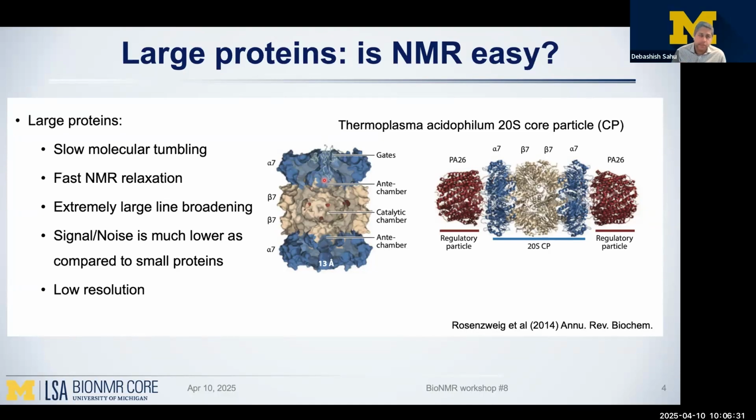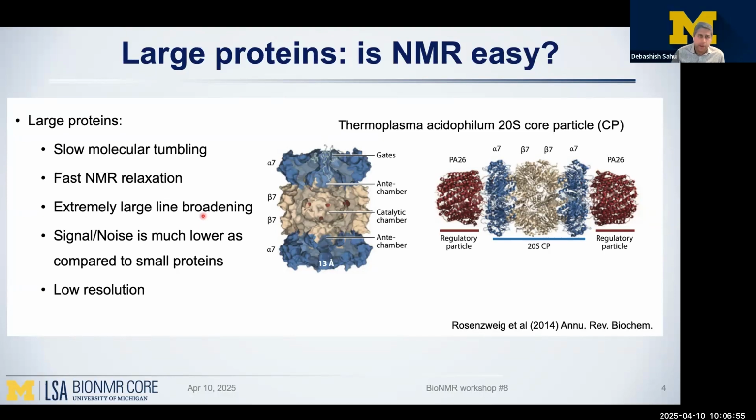When you work with such large proteins, you will have slow molecular tumbling, and you will have fast NMR relaxation because of the size of the protein. You will also have extremely large line broadening because there are so many protons around, and you will have proton-proton relaxation happening.